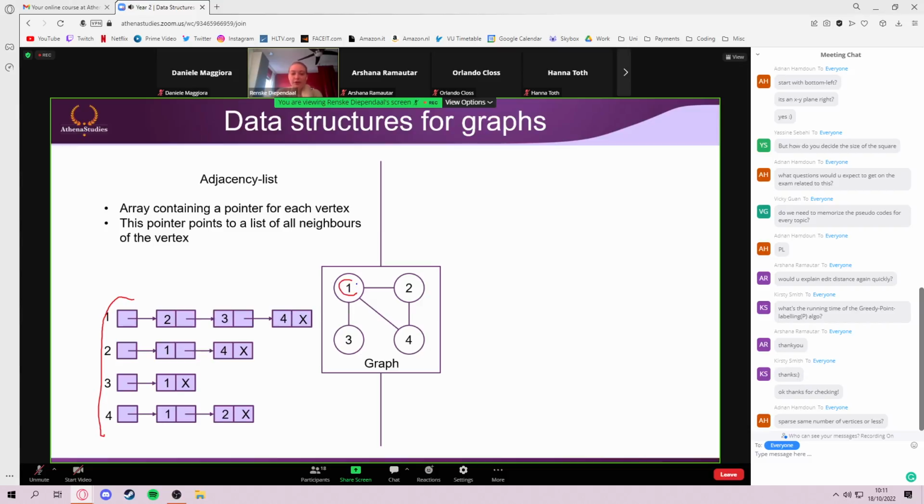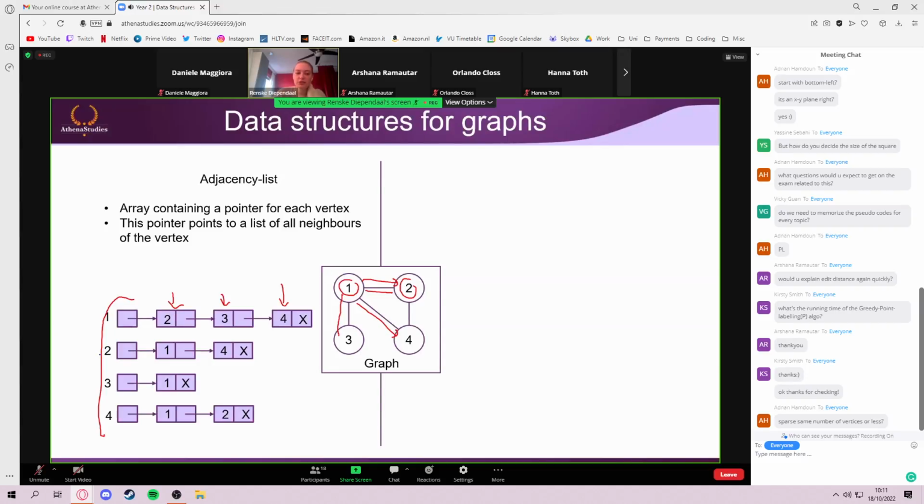So we start from 1. 1 is directly connected to 2. 2 is a neighbor, so we put down a 2 in the list. 1 is also directly connected to 3, so we put down a 3 as well. And 4 is also a neighbor, and so we put down a 4. So a neighbor is everything that has one edge between them.